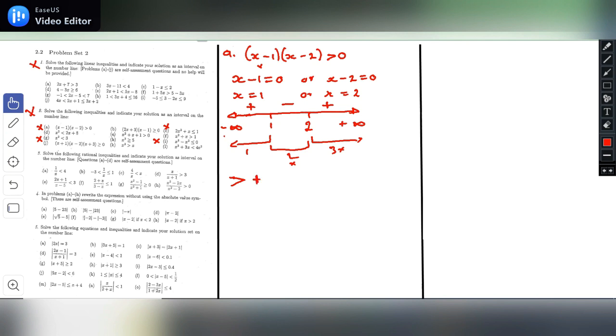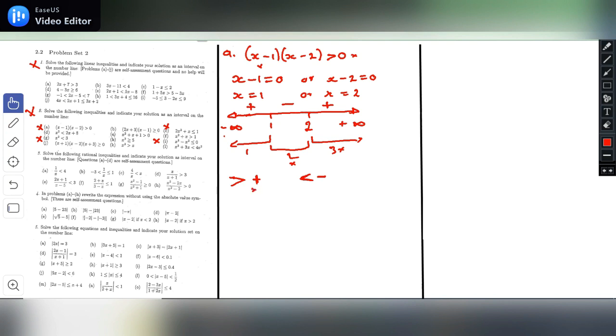And if our equation says something is less than 0, then we need to focus only on the negative values that we found. This is why we found the positive, negative, and positive. So now, if we check our equation, it's x minus 1, x minus 2, greater than 0. If it's greater than 0, it means that we have to focus on what?